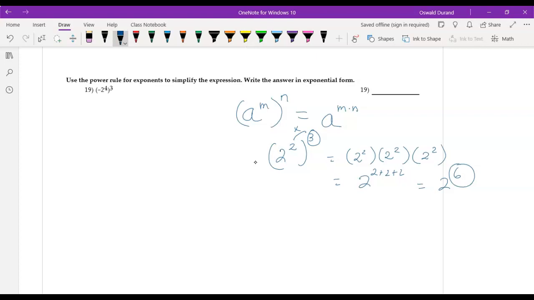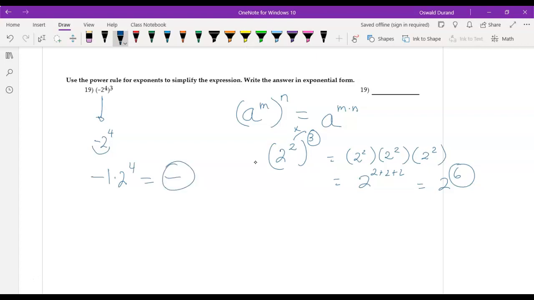First of all, this part right here, -2 to the power 4, is actually going to give you a negative number, right? Because it's really -1 times 2 to the power 4. That's negative as a final answer.